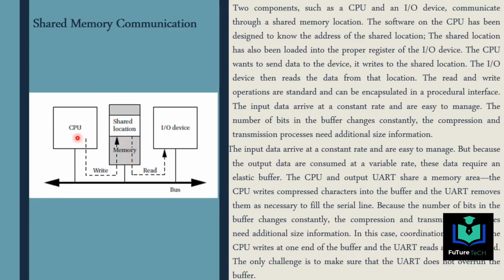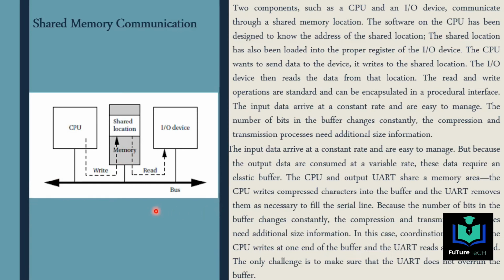Whatever the CPU writes to the memory is shared with the IO device. That means the IO device is going to read the data from the shared memory location. For all these things, we need the system bus also.